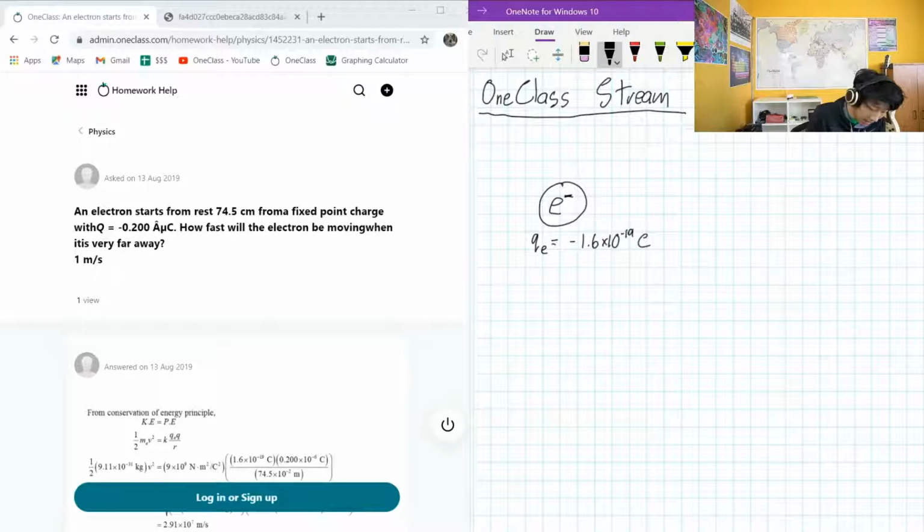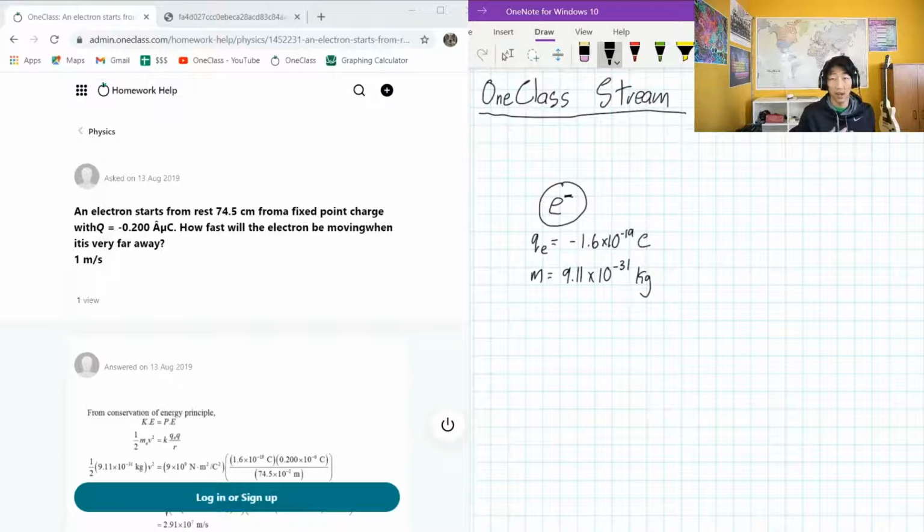And we know that the mass of an electron is 9.11 times 10 to the negative 31 kilograms. Okay, so these are just properties that you should be able to access about the electron. It mentions that it is 74.5 centimeters away, so we can represent that like this.